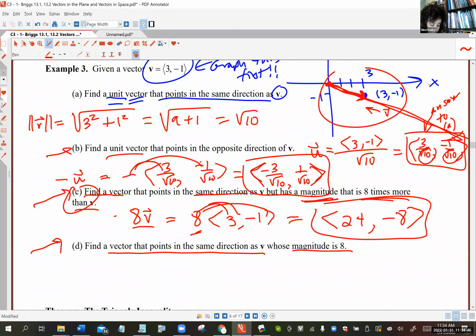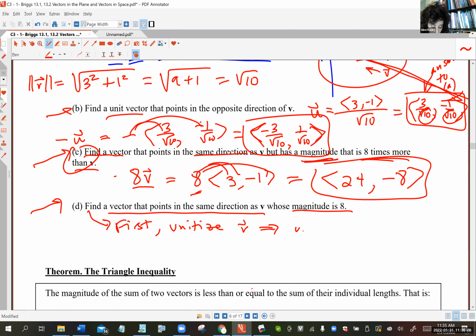Now, letter D, they're wanting you to find a vector that's pointing in the same direction as V, but whose magnitude, whose length is 8. That's different from 8 times more than the V. So this is a 2-step problem. First, unitize V, shrink it down so it's a unit vector. But we already did this when we did part A. Remember, we got this vector here, this unit vector.